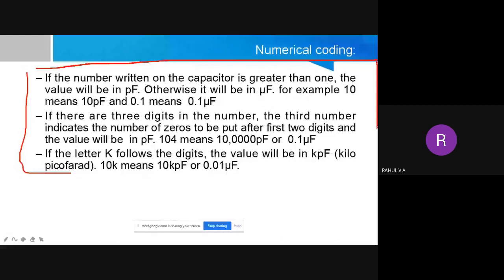Okay, we will see. The first one is, if the number written on the capacitor is greater than 1, the value will be in picofarad.